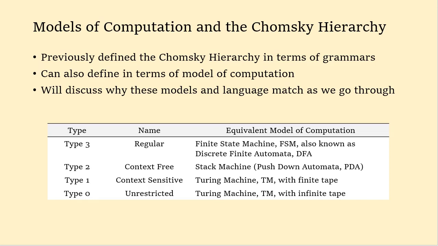For reference, the context-free languages correspond to something called a stack machine, which is also called a push-down automata. Push-down meaning you're pushing things down a stack. Context-sensitive corresponds to a Turing machine, but with finite tape, and unrestricted refers to a Turing machine with infinite tape. Clearly, we cannot make, in practice, infinite memory.